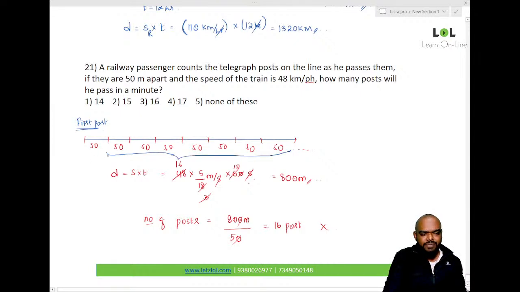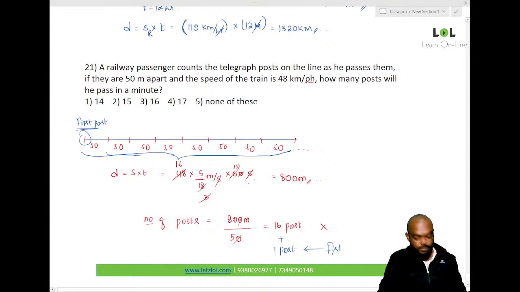So altogether, 800 by 50, that is 16 posts, plus 1 post at the beginning, that is the first post. So altogether he will find how many posts? So 17 posts is my final answer.